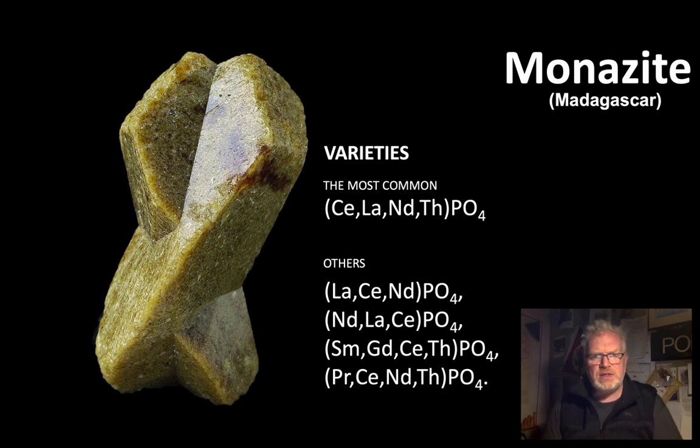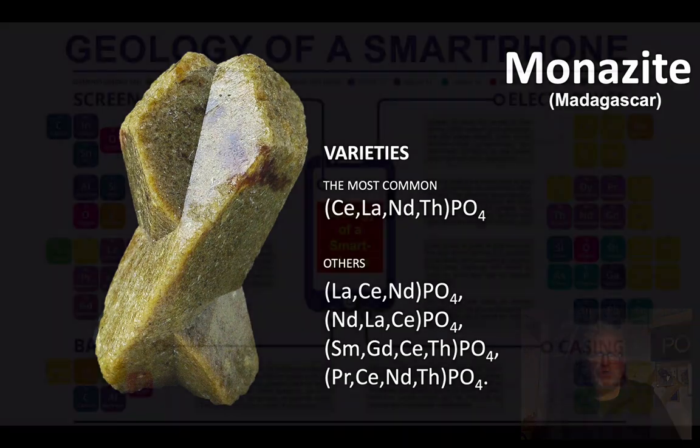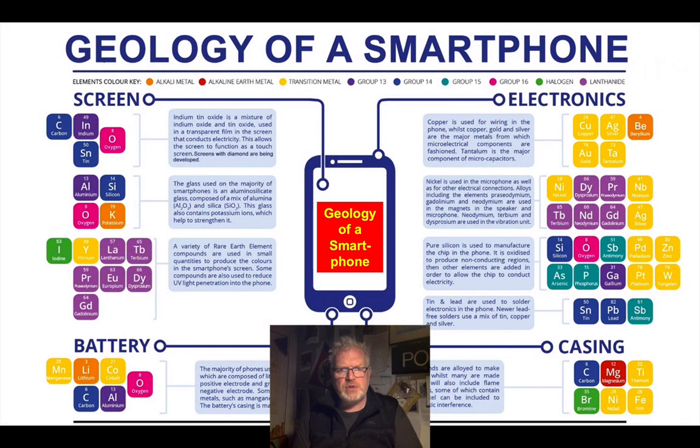Now, a smartphone is a remarkable thing. The technology that gives us such a powerful computer in our pockets, that enables us to access the web, play games, communicate with people in all sorts of different ways, to be able to pay for things, to, I suppose, interact with the wider world, is actually made up of a collection of elements.